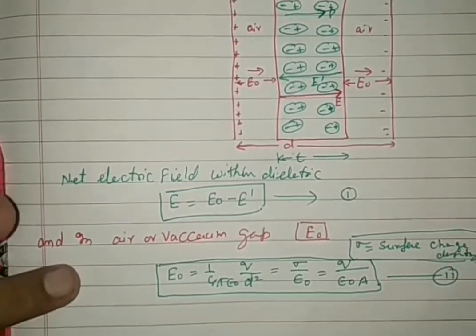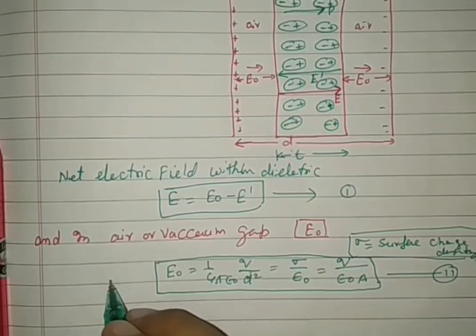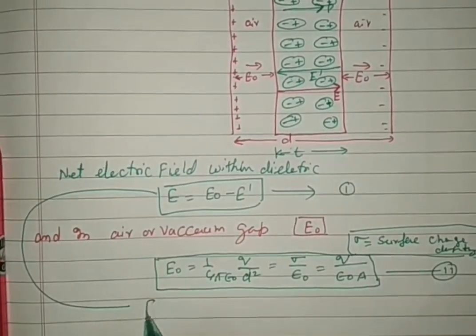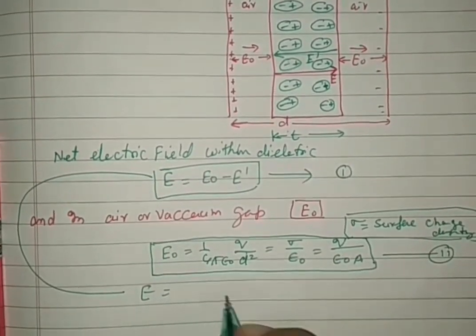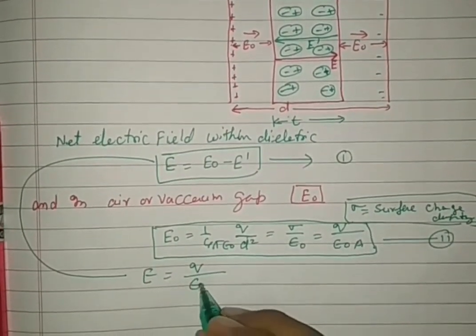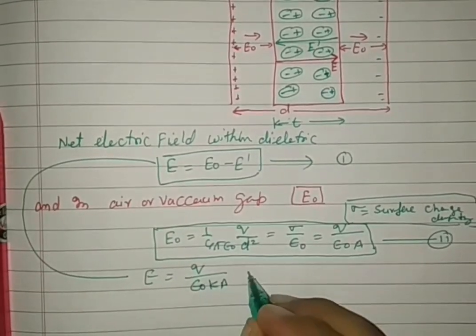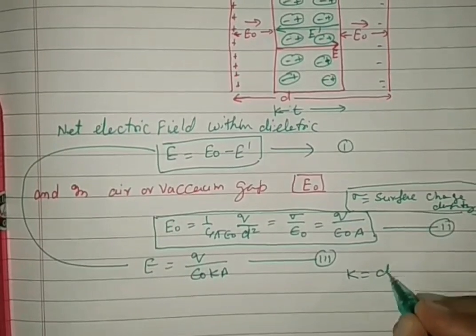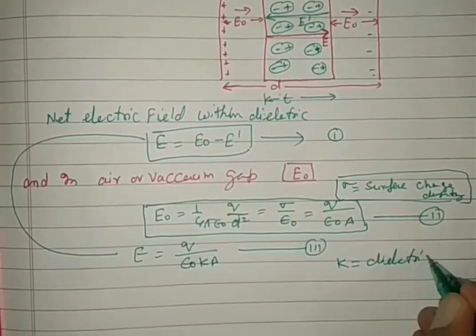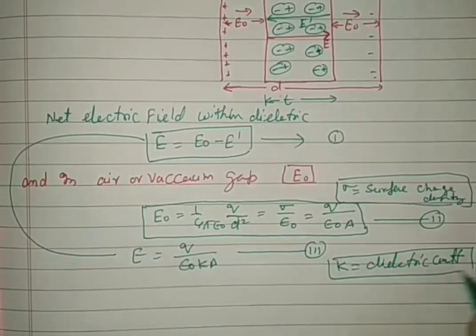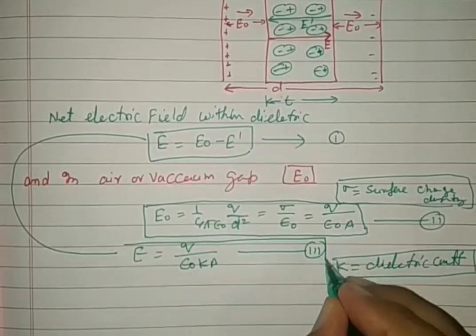Now this is the electric field intensity. Capital E similarly can be given as Q by epsilon 0 K A, represented by equation 3, where K is the dielectric constant.